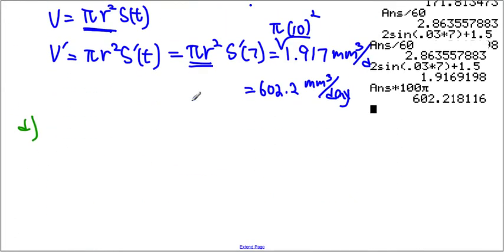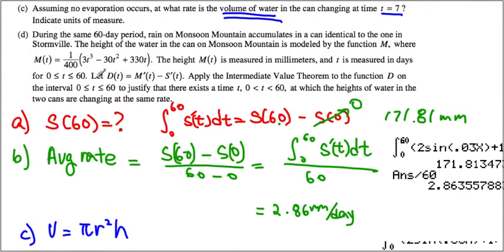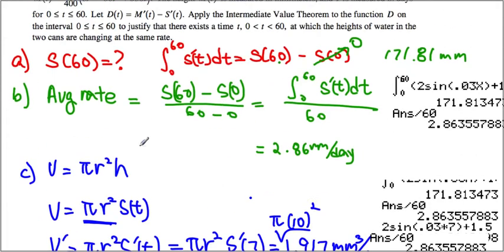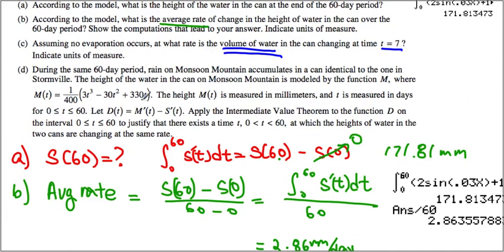So since m prime of t is in fact equal to, let's try to look into this one. So 1 over 400 will be the same. And the rest of them is rather simple derivative.